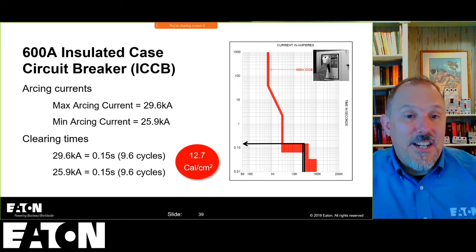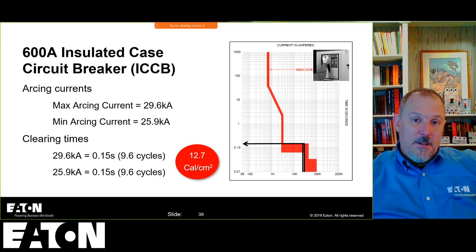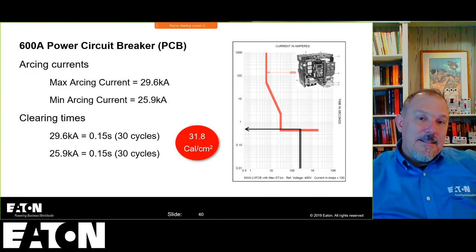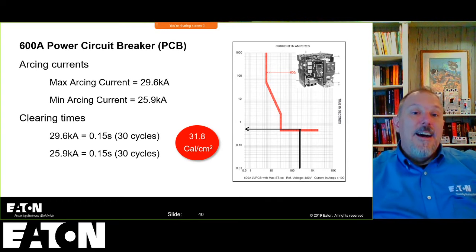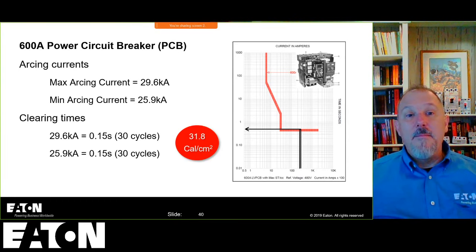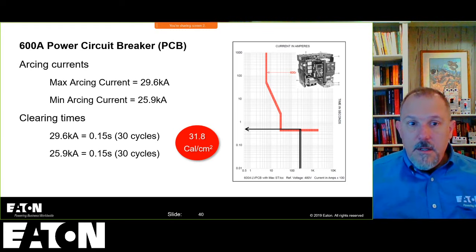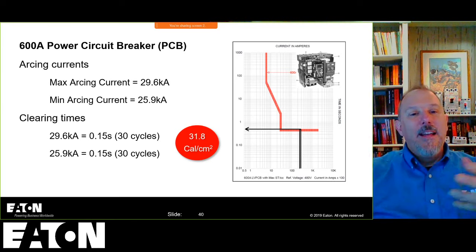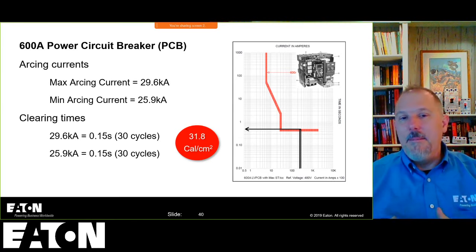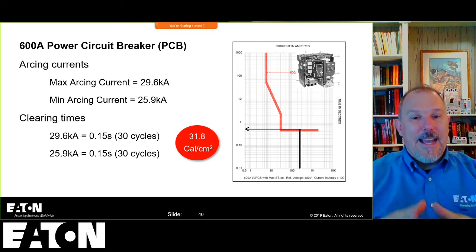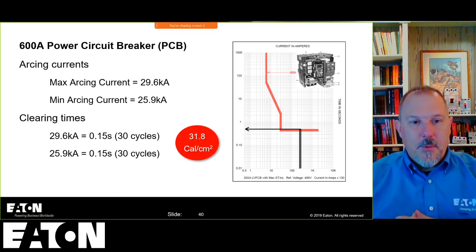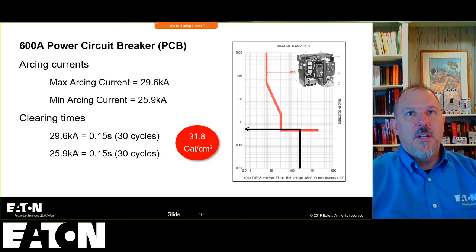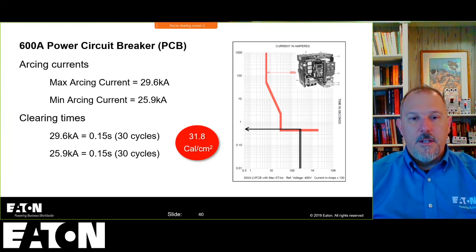So now I changed that 600 amp insulated case circuit breaker, and I'm going to add in a 600 amp power circuit breaker. I still have the same clearing time because now I'm at 30 cycles, and I am at a 0.5 second clearing time. And now the 29.6 is going to be my higher fault current, same clearing time. That is where my 31.8 calories is coming from, that 29.6 thousand amps of arcing current.